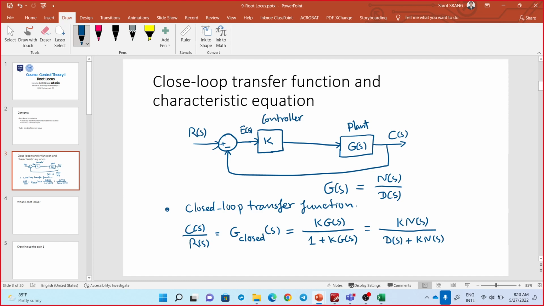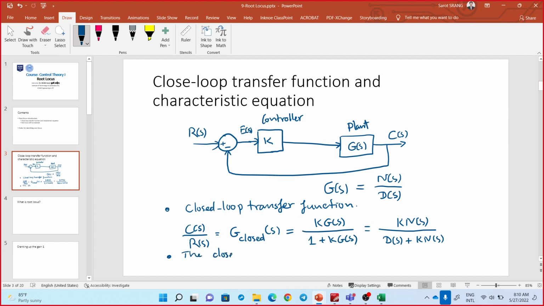To analyze the system behavior, specifically the stability that you just learned in the previous lecture, in order to have a stable system, we must have all poles located on the left hand side of the complex plane, right? So what is the meaning of poles? Poles are obtained from the characteristic equation.